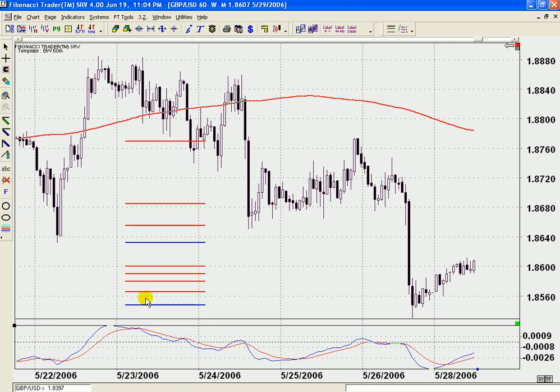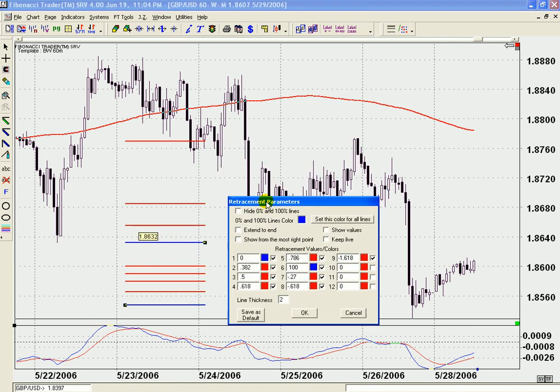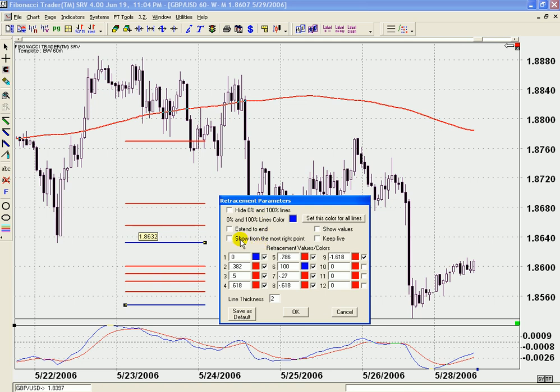This would be our 0 line. These are our retracement levels: 38, 50, 62, 79, 100, and our extensions of 127, 162, 262. Now let's have a look at what this looks like in the parameters window.